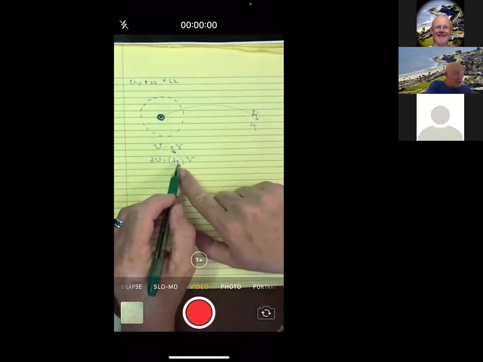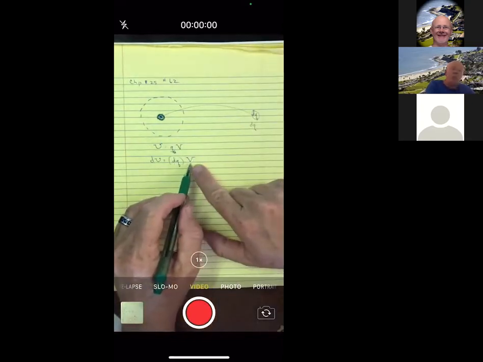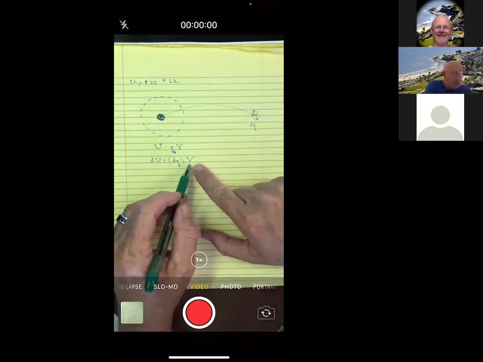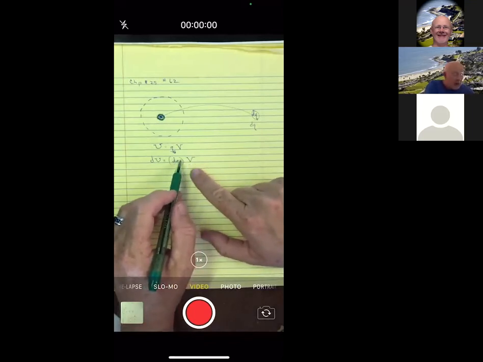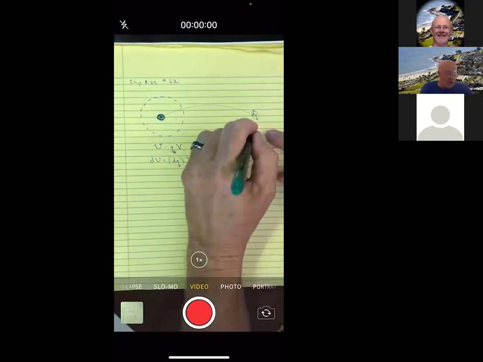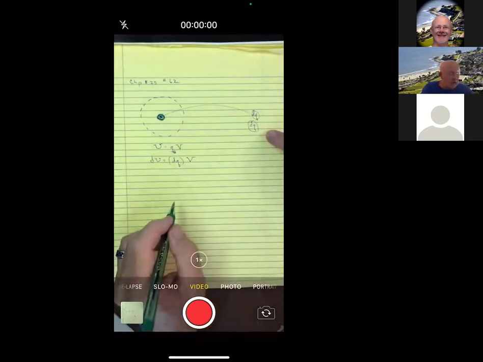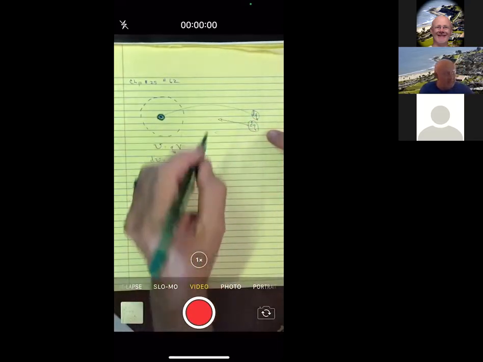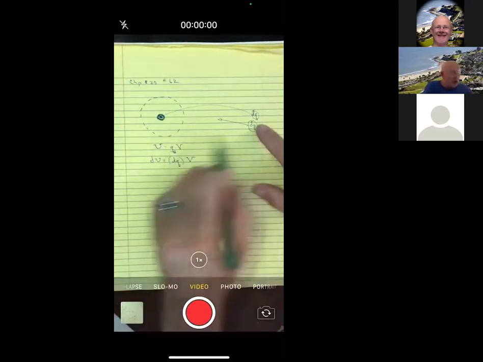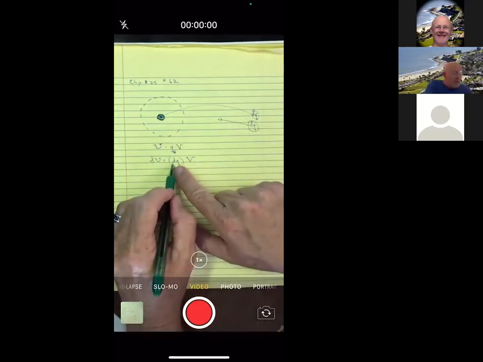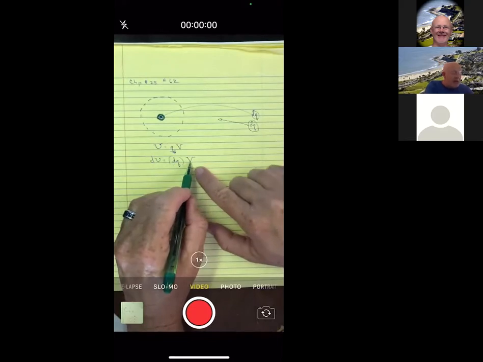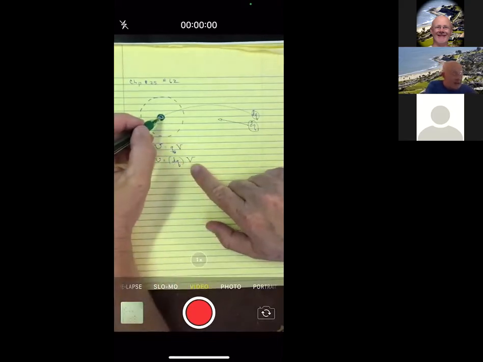I mean, yes, it's a small charge, but it's a small charge times no potential. There are no other charges around. But this second charge, which I'll circle in green, when I put it in there, the charge is this number here, but I'm putting it in a potential that is created by that first charge that I put in there.